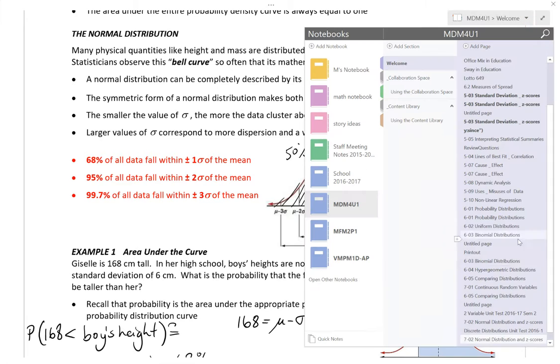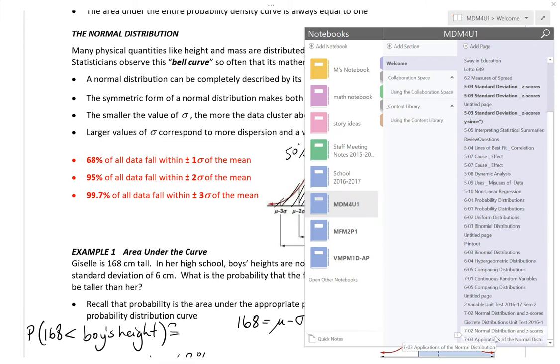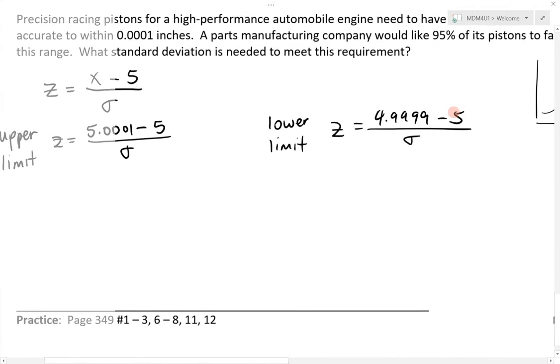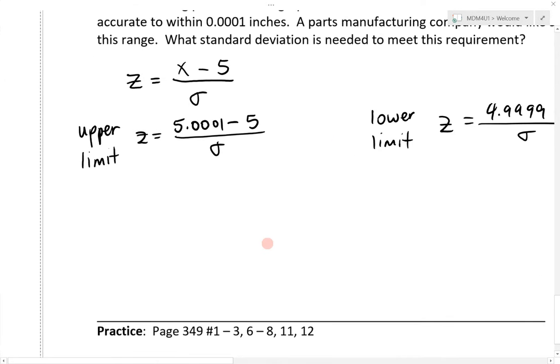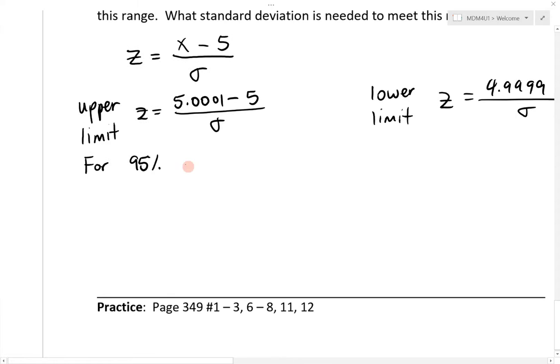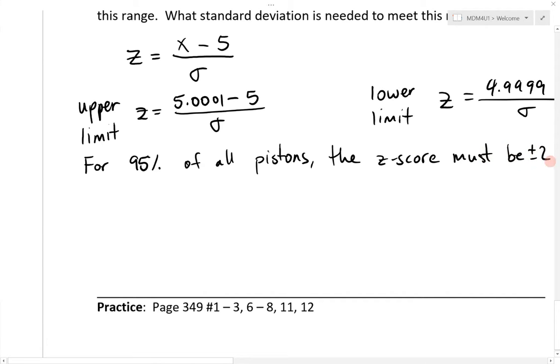Okay, so let's go back to our problem here. So the z-score for 95% of all pistons must be plus or minus 2.